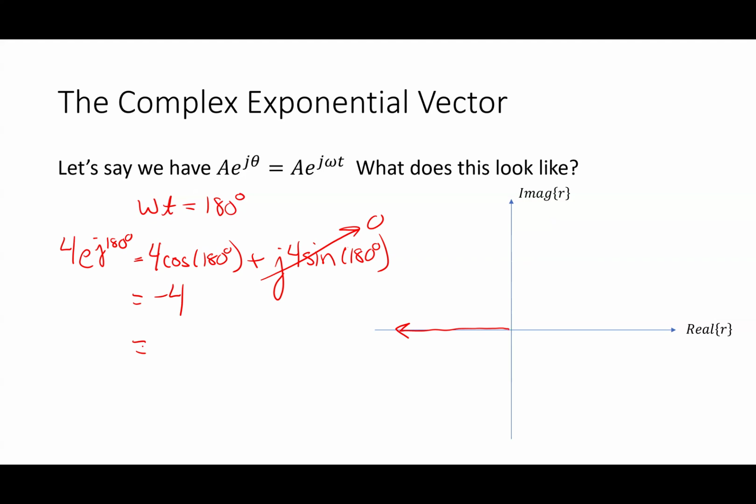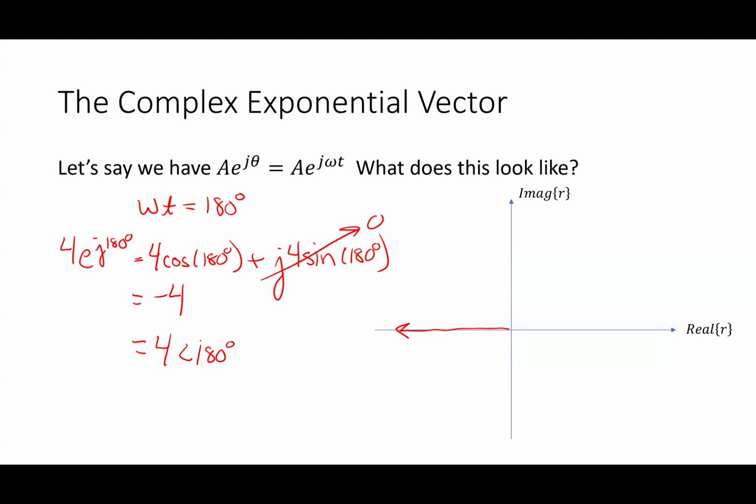The angle, right? So what's the angle in this case? 180. So I can write this as 4 angle 180 degrees, or I could say 4 angle -180. I could write it that way too. Those are both acceptable. I could also say it's 4 angle 180 plus 360. That would also be acceptable. So there's a couple of different ways that you could put that.